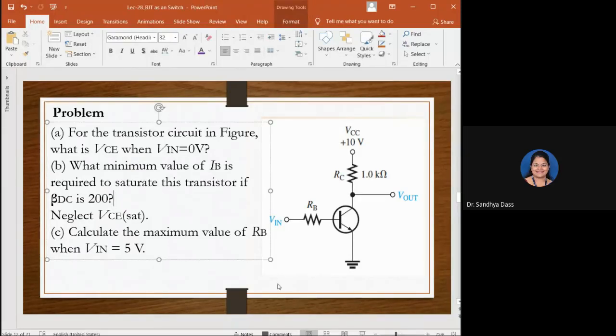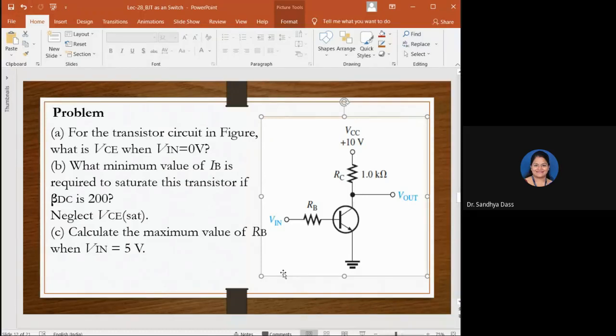Okay, go through this problem and check whether you are able to solve it. For the transistor circuit shown in the figure, what is VCE when Vin is equal to 0 volts? Second question, what minimum value of IB is required to saturate this transistor if beta DC given is 200?